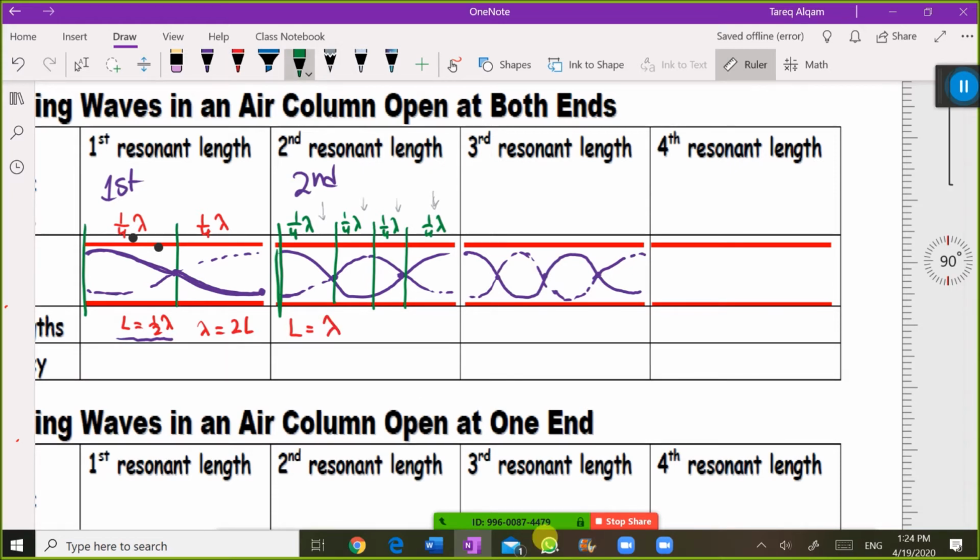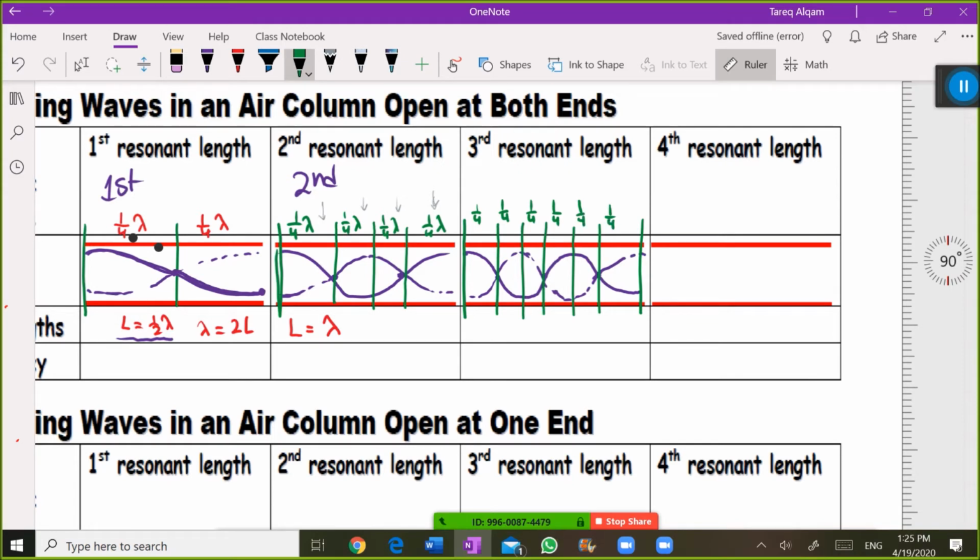Between node and antinode, this is a quarter, 2 quarters, 3 quarters, 4 quarters, 5 quarters. Sorry, no, not like this of course. This is the last quarter. From here this is a quarter, 2 quarters, 3 quarters, 4 quarters, 5 quarters, 6 quarters.